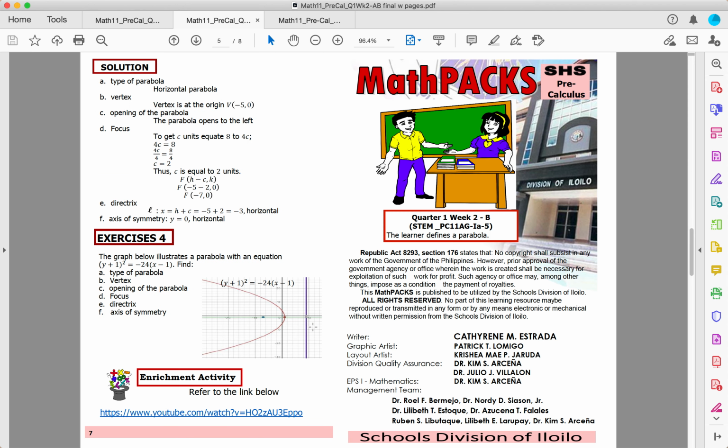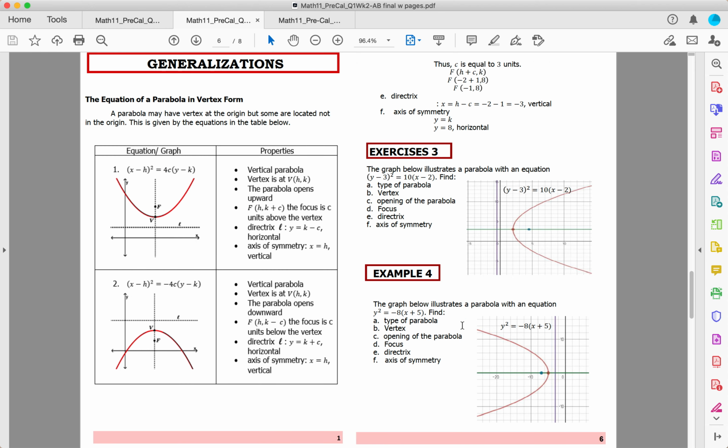For part B, the focus here is a parabola whose vertex is not at the origin. So what if the vertex now is somewhere or anywhere on the Cartesian plane? The first part is easier because your vertex is at the origin, meaning at (0, 0).